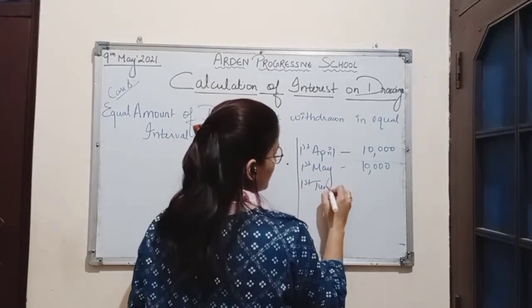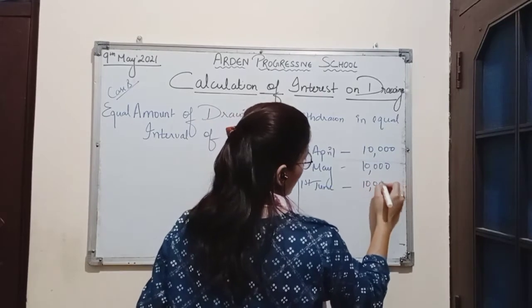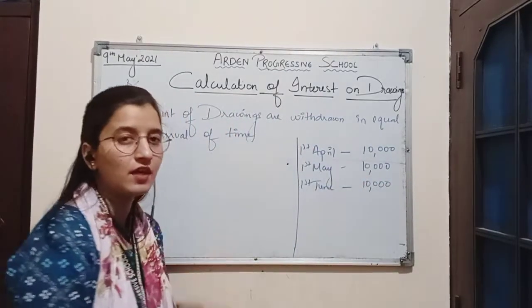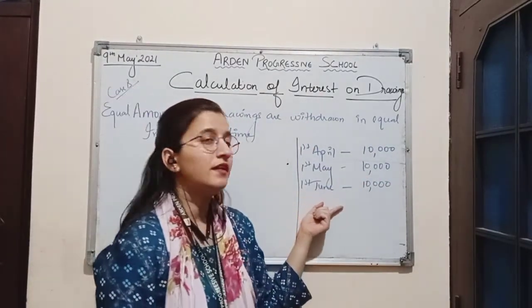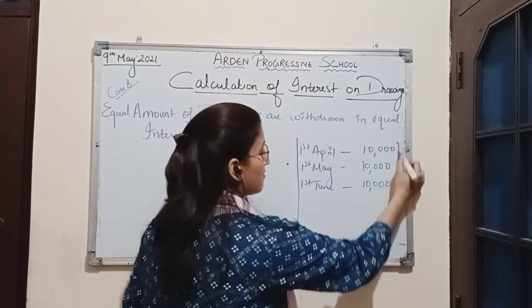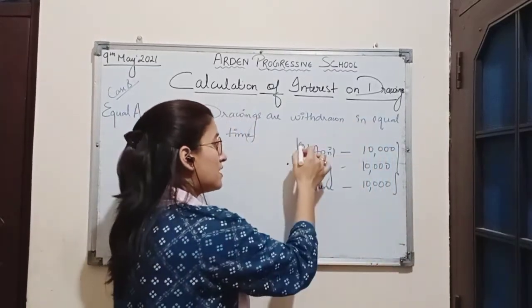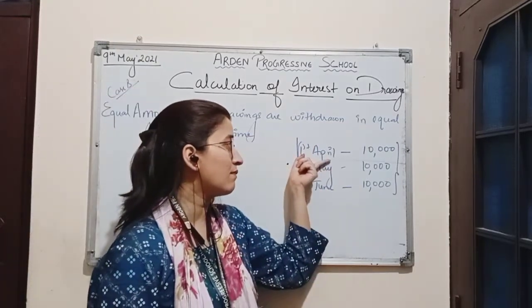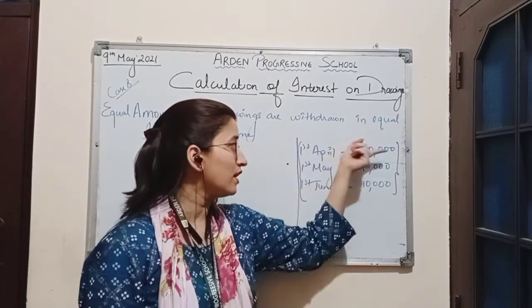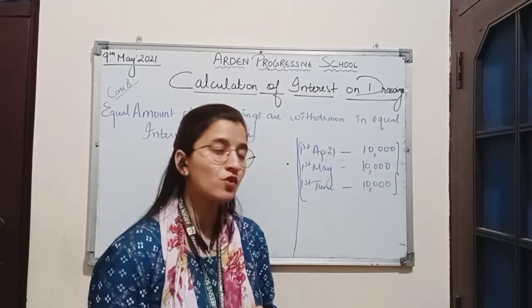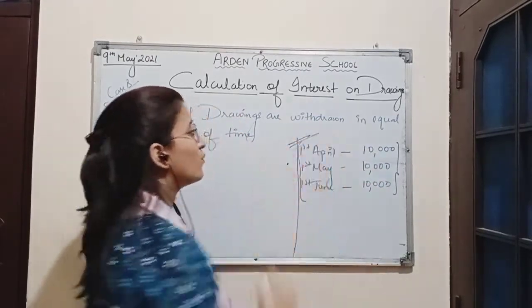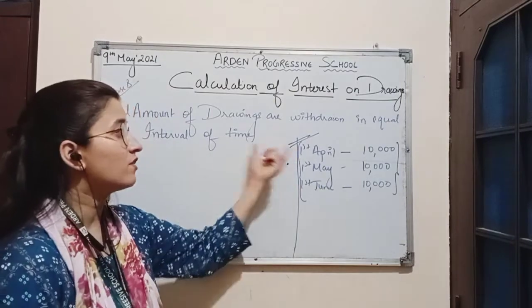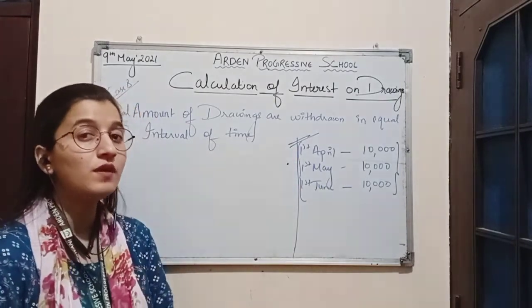And on 1st June, again 10,000. So in the beginning of every month the partner is withdrawing the same amount, and here we have to calculate interest on drawings on a monthly basis.